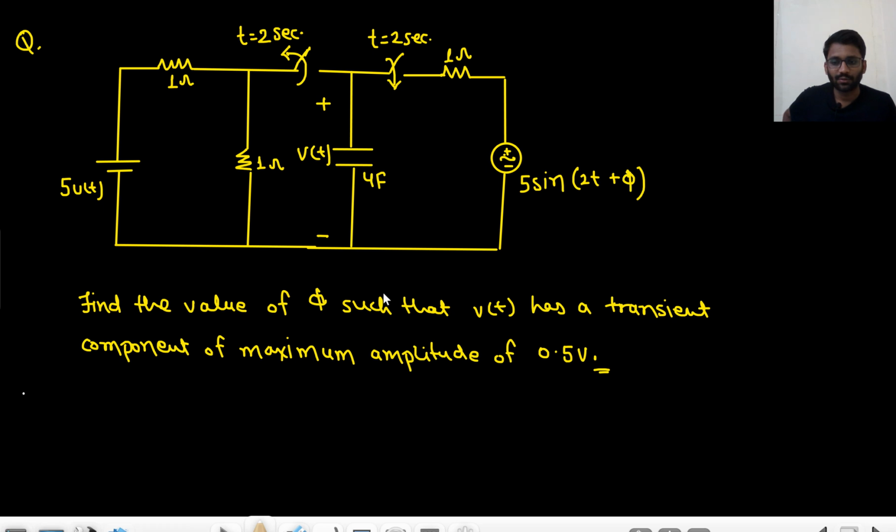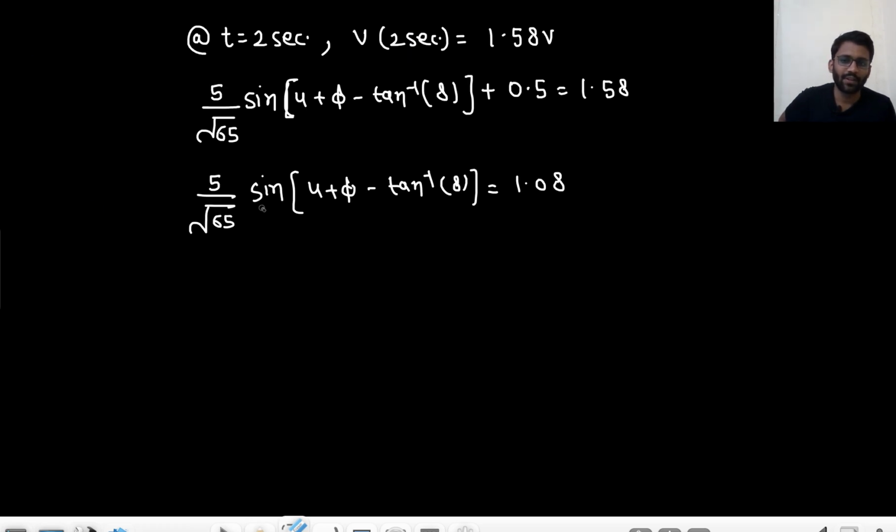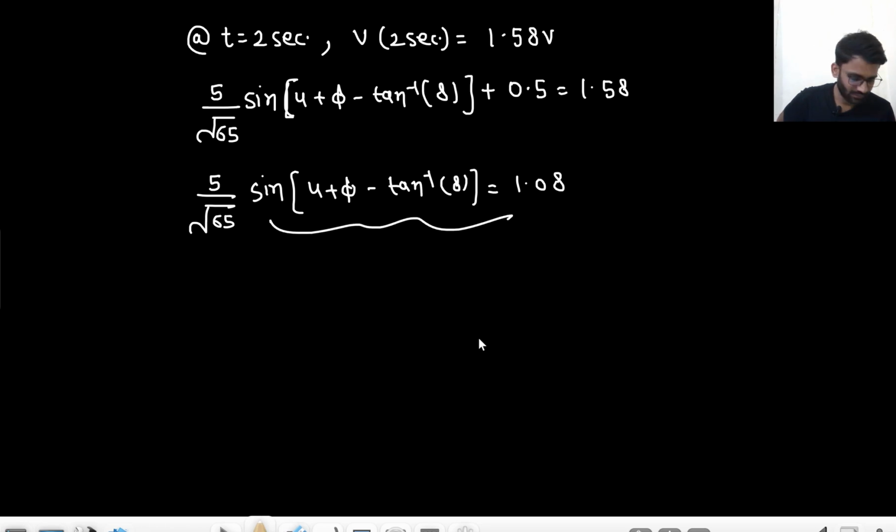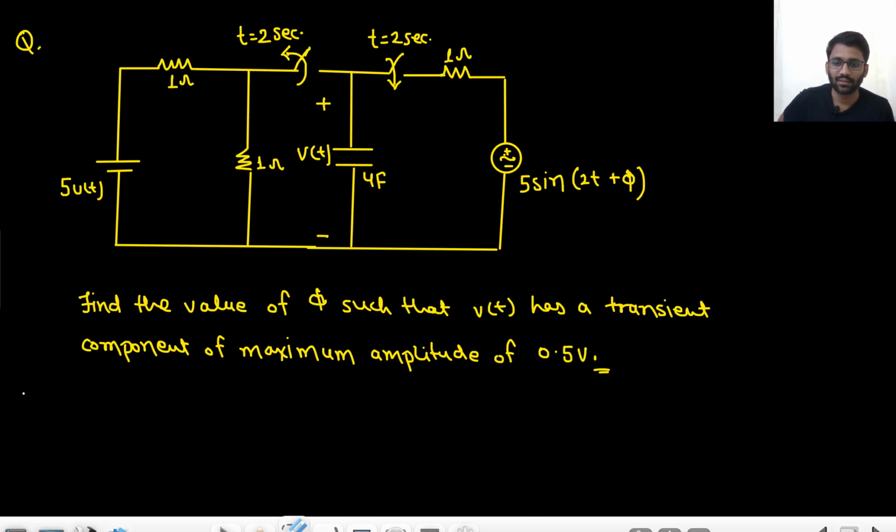Okay, so look, if I put 5 here, this value is becoming equals to some 1.74. So the question itself is wrong, because it cannot happen, right? So I have to change the question such that here my input is 50. That is 50 sine 2t plus 5.